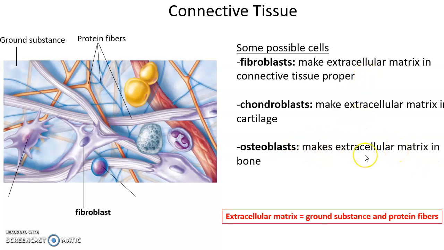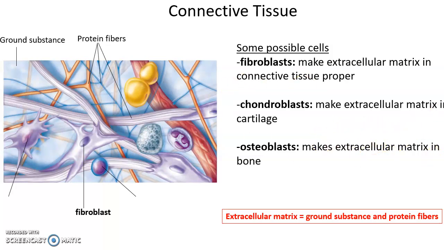There's a variety of possible cells found in connective tissues. Many connective tissues have what are called fibroblasts. Fibroblasts are the cells that make the extracellular material in connective tissue proper. So connective tissue proper has fibroblasts producing the ground substance and the protein fibers.